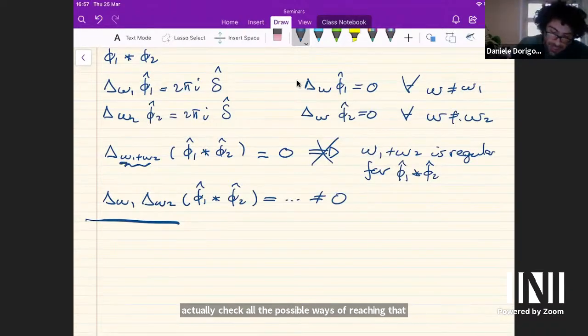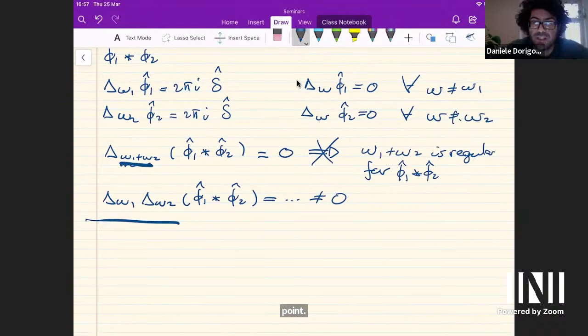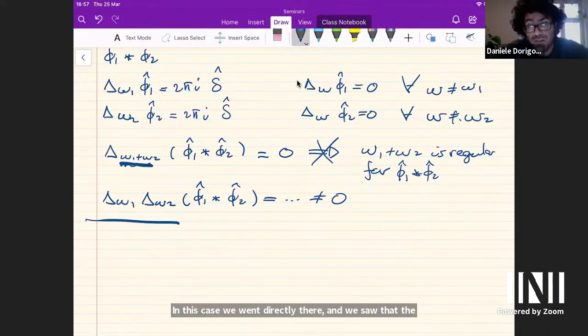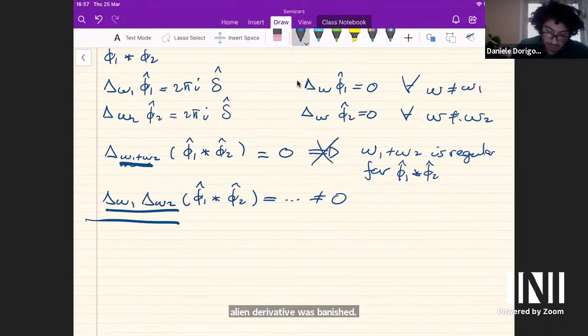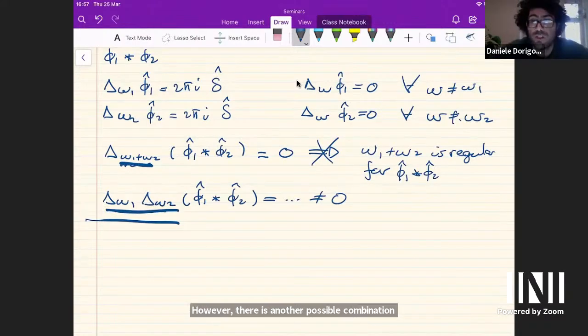In this case, we went directly there and we saw that the alien derivative was vanishing. However, there is another possible combination, which is this one, which is not vanishing. We know that this is not a regular point. We computed yesterday this convolution, and we knew that there was a simple pole there.